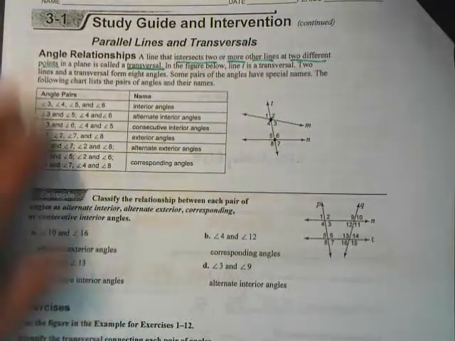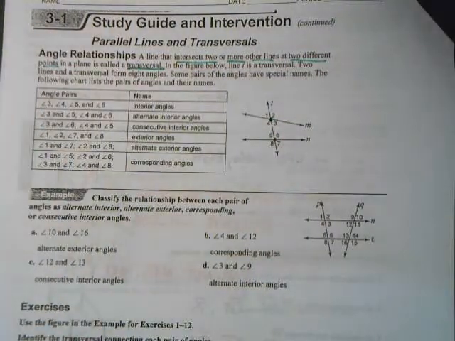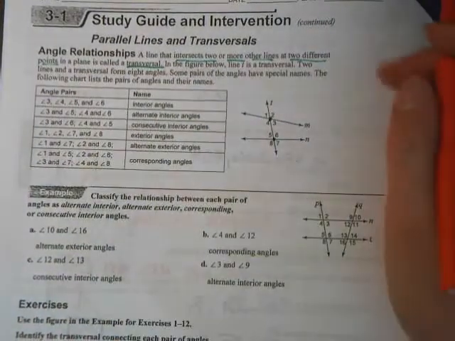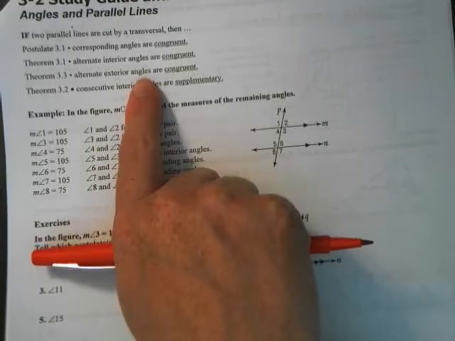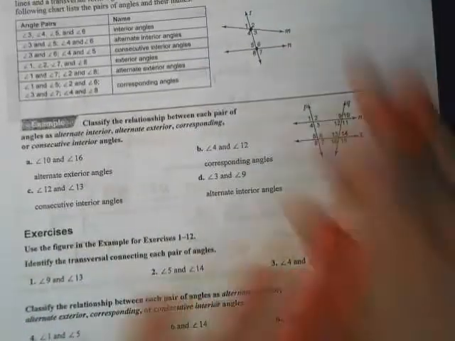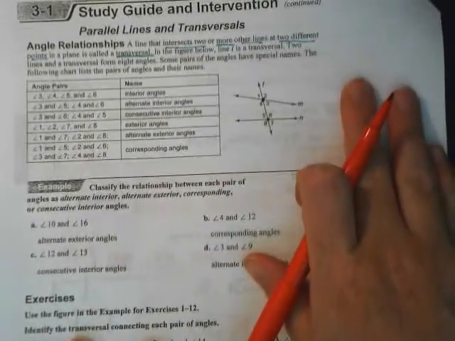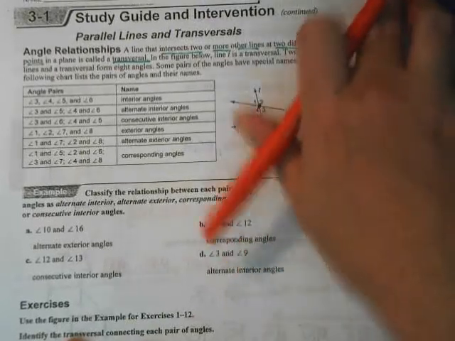Okay, so we've got a whole bunch of different kinds of angles that we need to make sure we know their relationship. We're going to first identify the pairs, and then in section 2, we're going to find out characteristics about those pairs. So it's really important to be able to recognize them. They can exist with or without parallel lines.